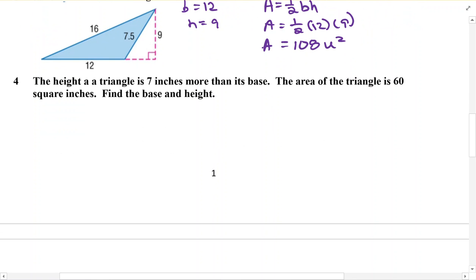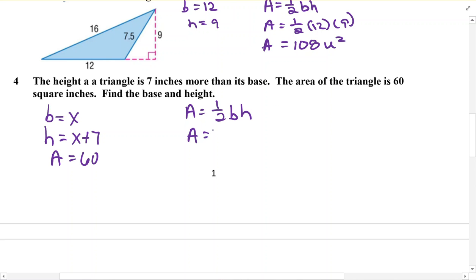For example number 4, we're told that the height of a triangle is 7 inches more than the base. So if I let the base be x, then the height would be x plus 7. We know that the area is 60. So area equals 1/2 base times height, because we're talking about a triangle. So area equals 1/2 times x times x plus 7.